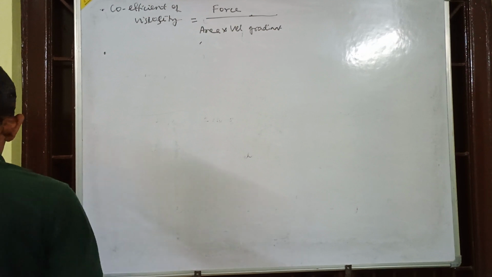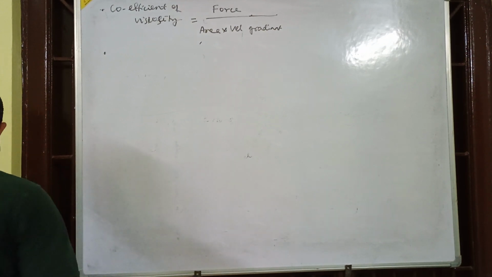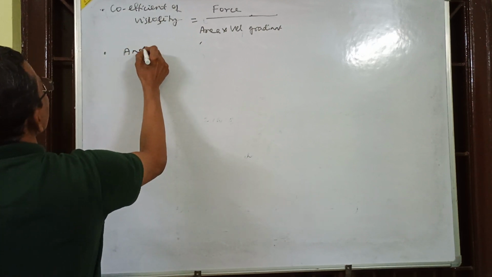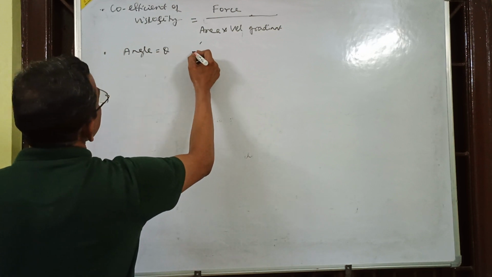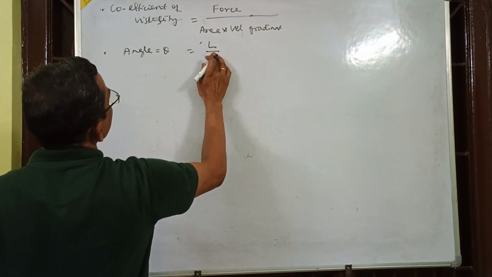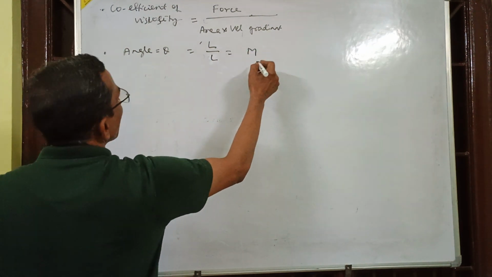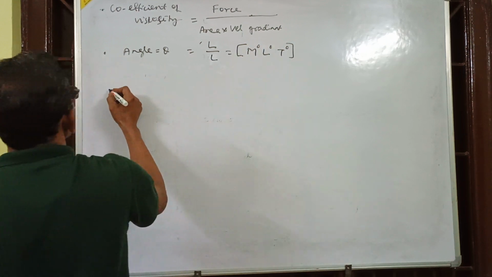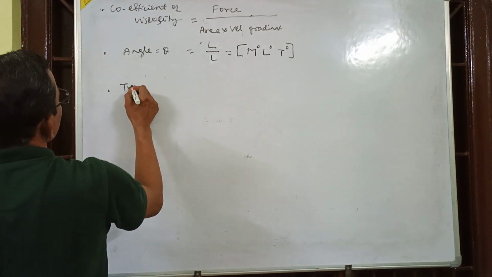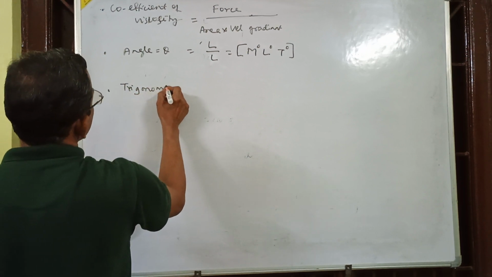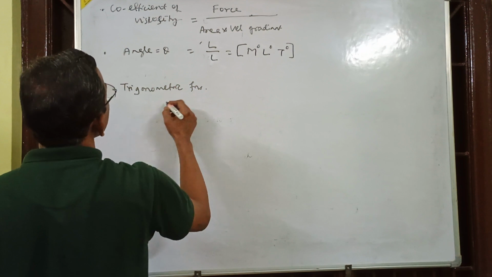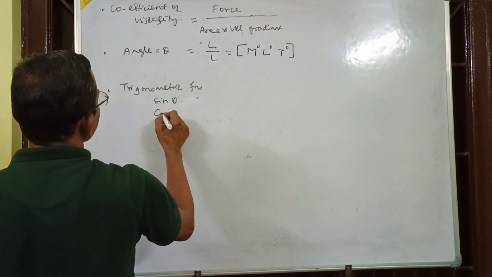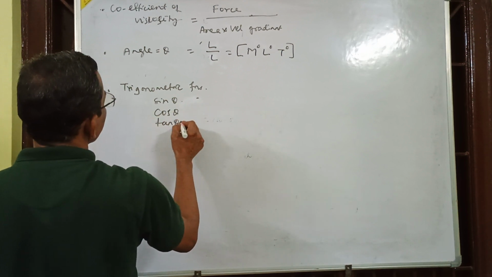Next is angle, that is theta, which is L by L. It becomes M^0 L^0 T^0, dimensionless. The same goes for trigonometric functions: sin theta, cos theta, tan theta.